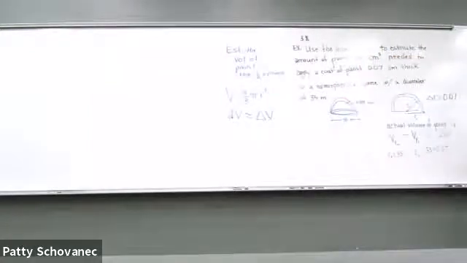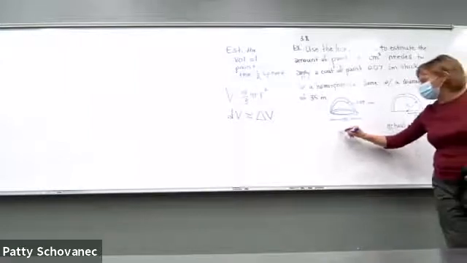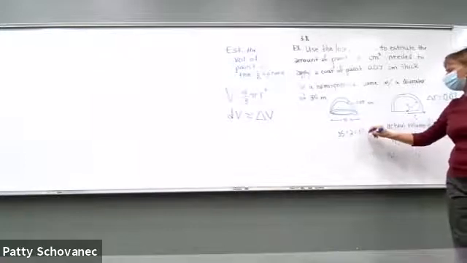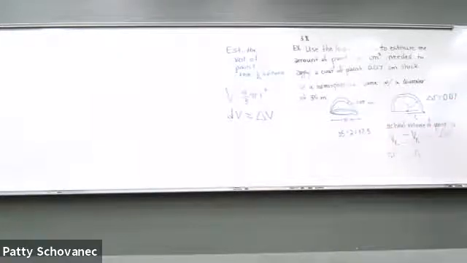So half of 35 is 17.5. The outer radius is 17.5 plus 0.07, and the inner radius is just 17.5, because the paint makes it thicker.